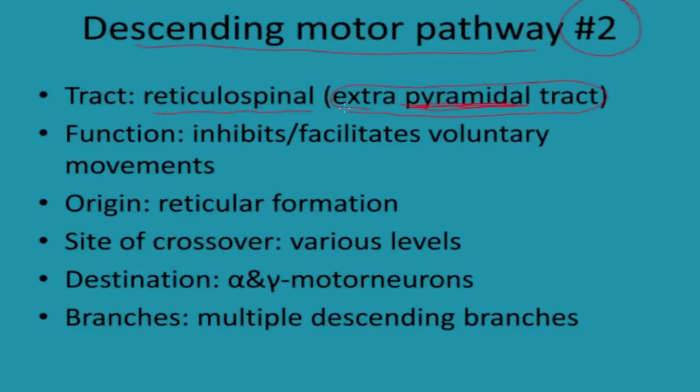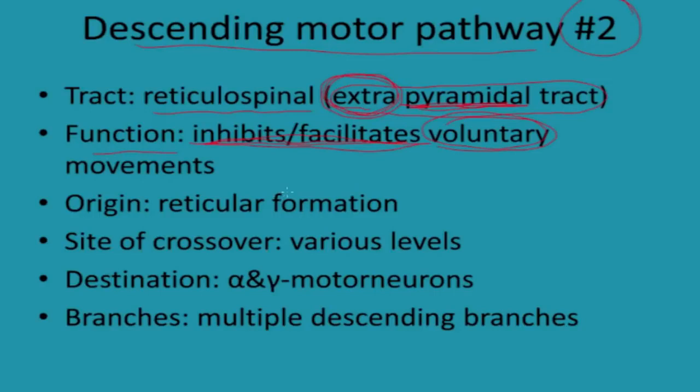All of the other tracts are extrapyramidal. They are not included in the pyramid. This tract's function is to inhibit or facilitate, depending on where in the body the tract ends up, the voluntary movements.